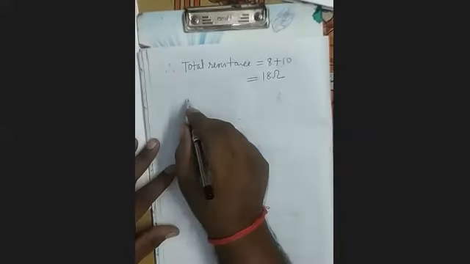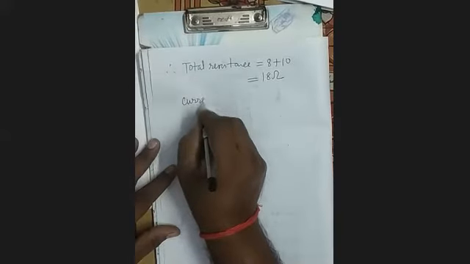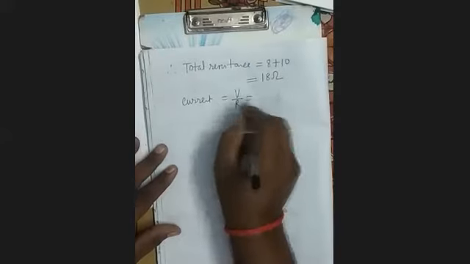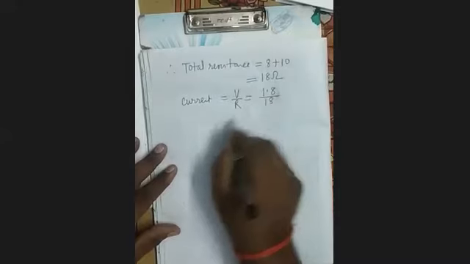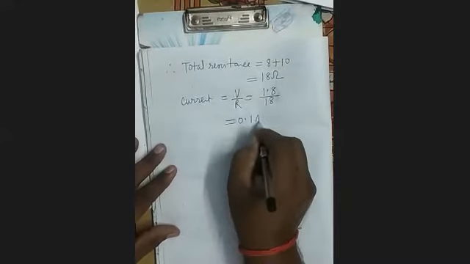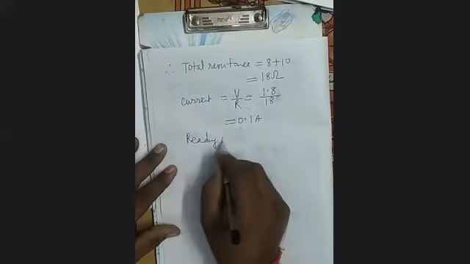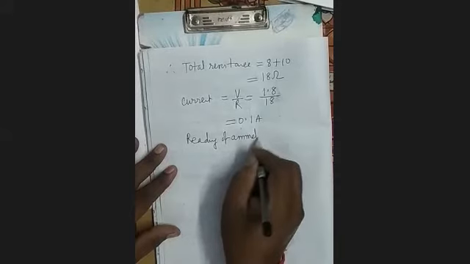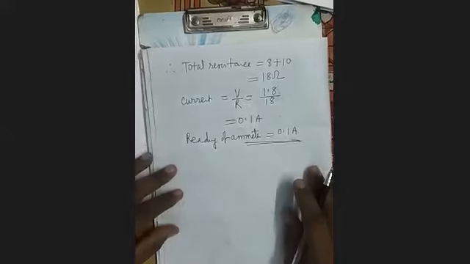Then after that, you have to find the reading of the ammeter. Reading of ammeter means current. Current equals V upon R. What is V here? 1.8 upon 18, that is 0.1 ampere. Therefore, the reading of the ammeter is 0.1 ampere.